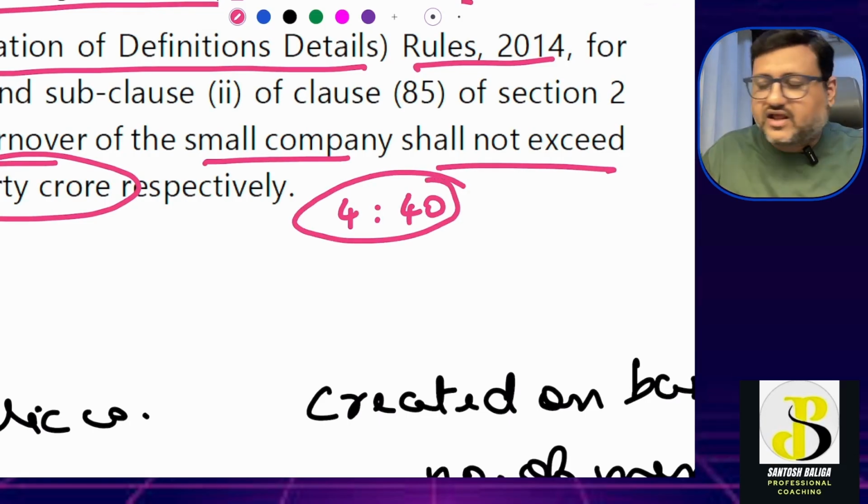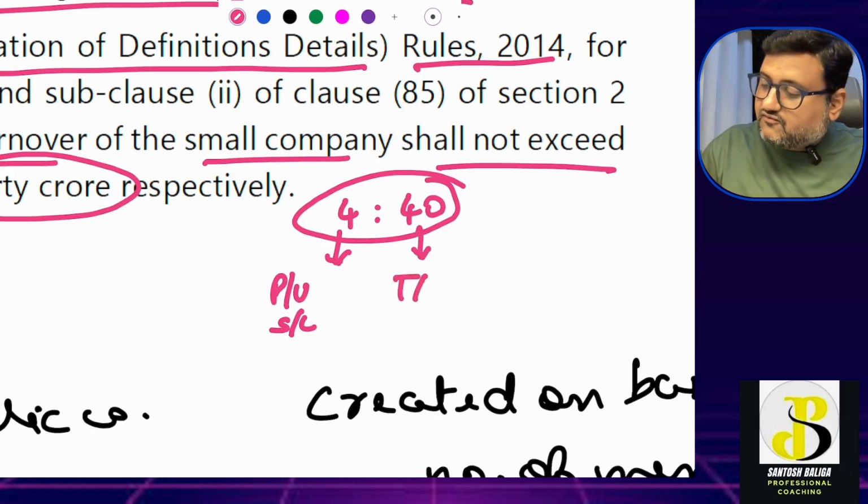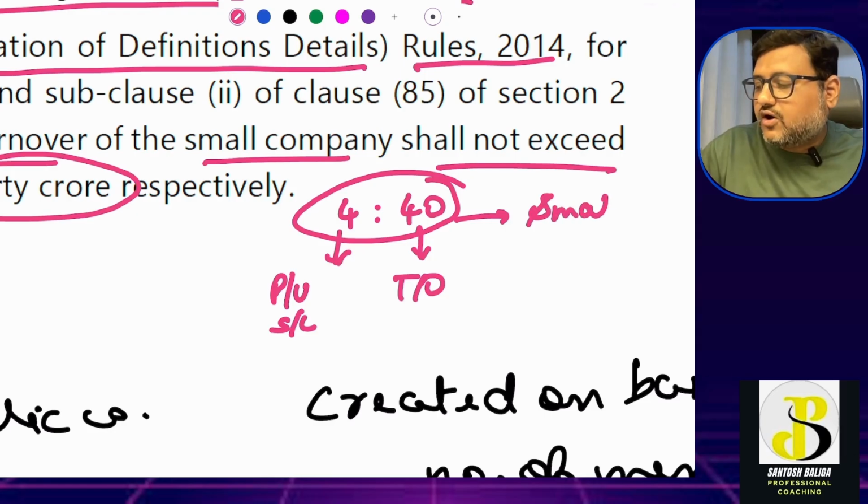Is this ratio meeting? That means paid up share capital shall be less than or equal to 4 crores, and turnover shall be less than or equal to 40 crores. If this is met, then it can be called a small company as per section 285.